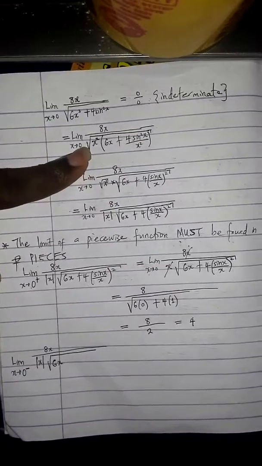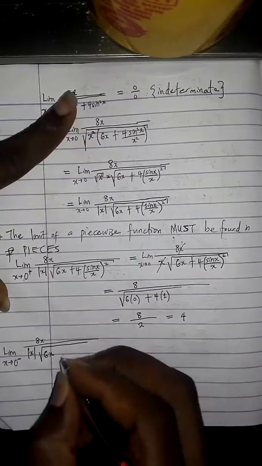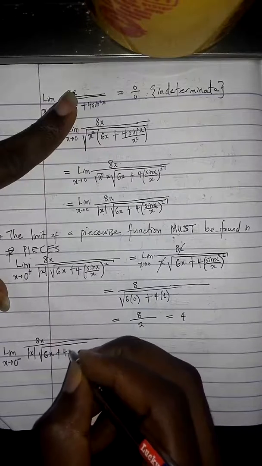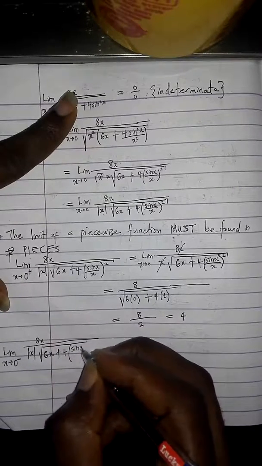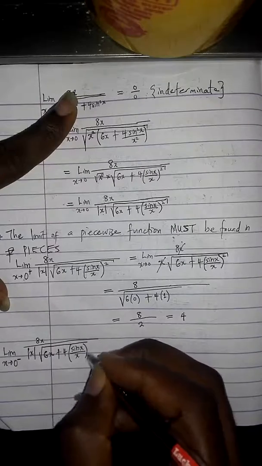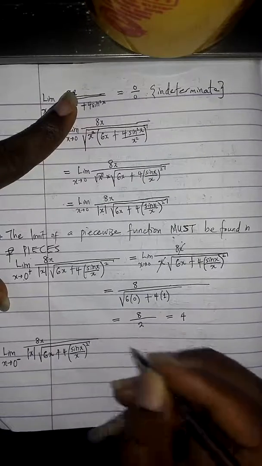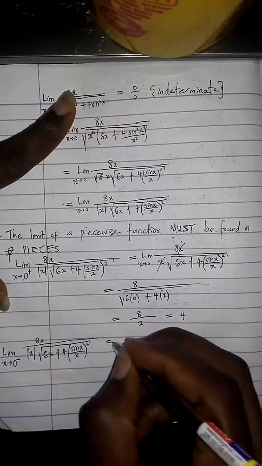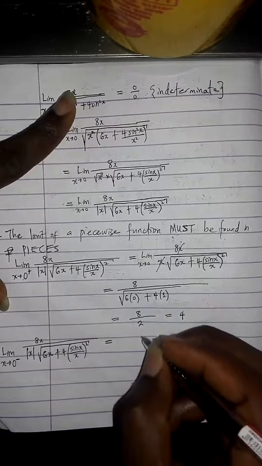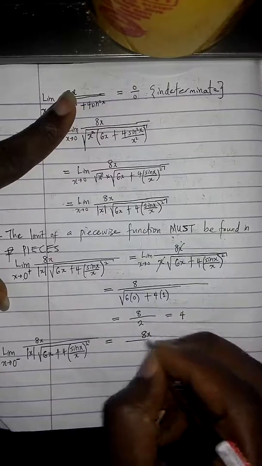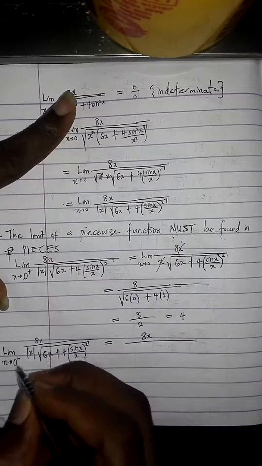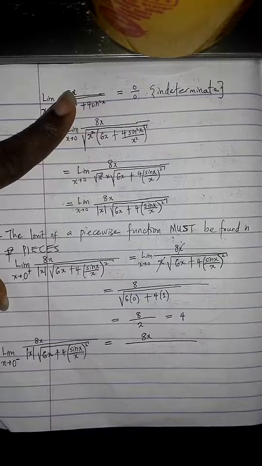Alright, so when x is negative, that's for values of x below 0, our modulus of x is going to be minus x.